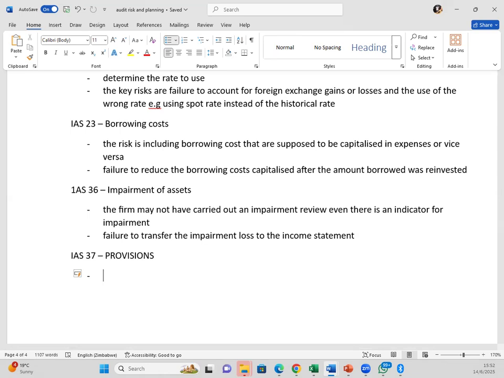So we need to create an estimate each and every time of the customers that will return the goods back. There is a risk that a provision was not created.